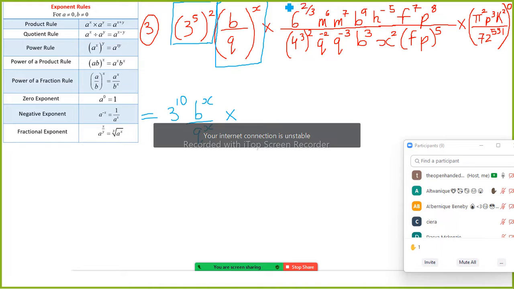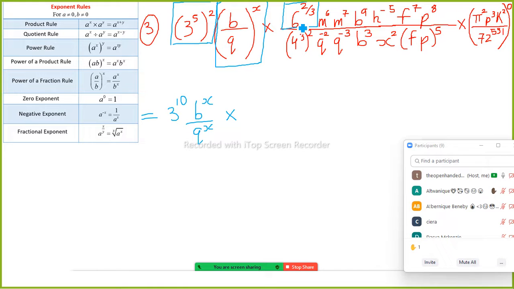Albernic, what are we going to do with this? We have 6 to the power of 2 over 3. What could we do with 6 to the power of 2 over 3?